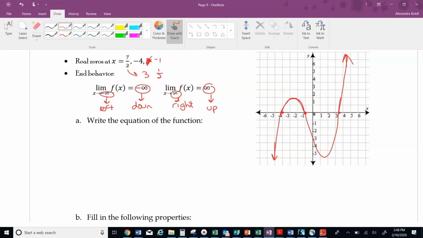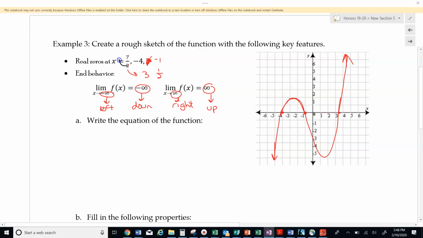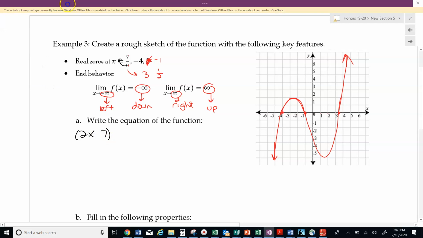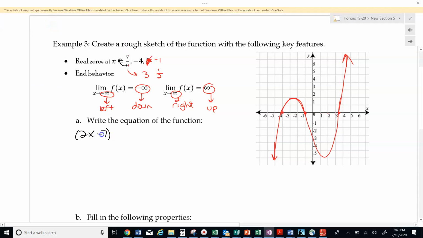Okay, so same thing, writing my equation. This slides out. I have 2x plus 7. Nope, 2x minus 7. All right, change the sign: negative 4 becomes x plus 4, and negative 1 becomes x plus 1.